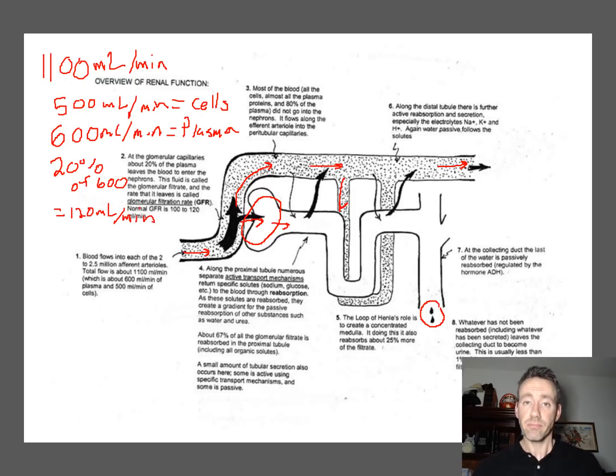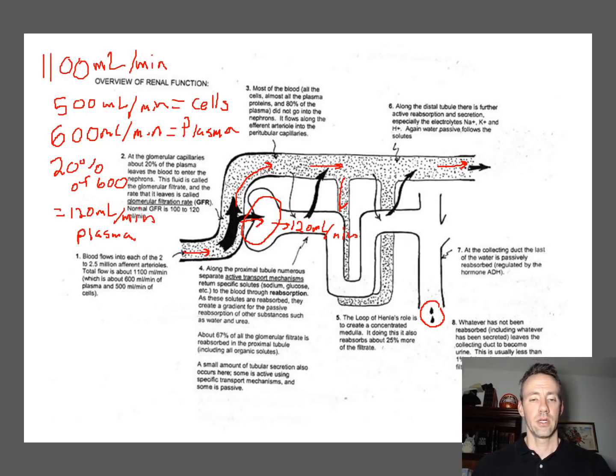In other words, of the 1,100 mils per minute of whole blood, 120 mils per minute of plasma actually gets filtered and enters into the nephron over here. So what actually comes in is 120 mils. Again, that's over time, so that's per minute. So 120 mils per minute enters in there.